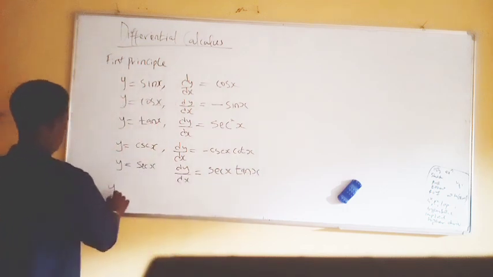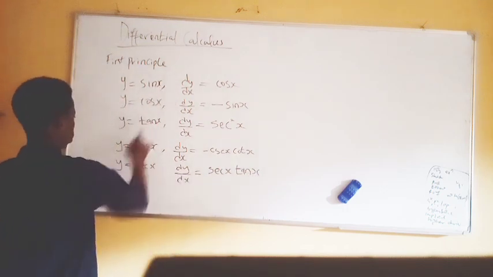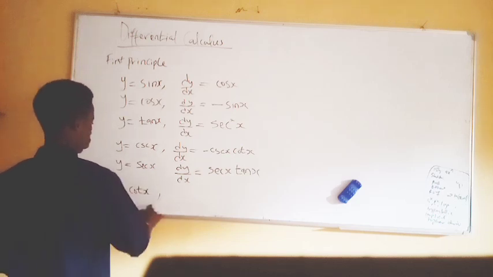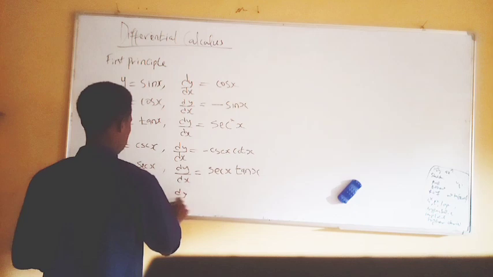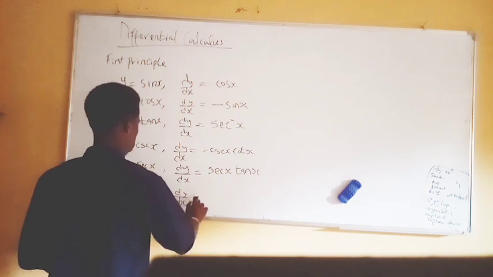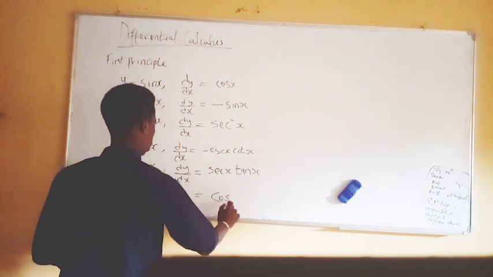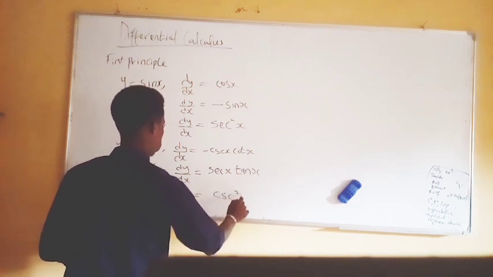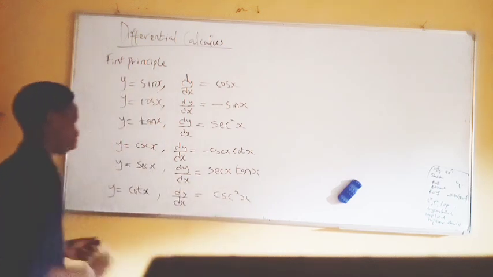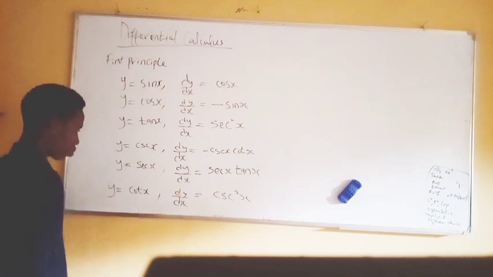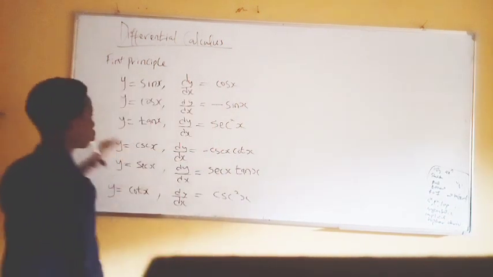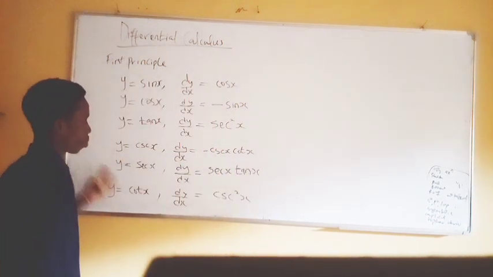And if y is equal to the inverse of tan x, which is the cotangent of x, dy/dx becomes minus cosec squared x. So this is what it is. These are supposed to be memorized.